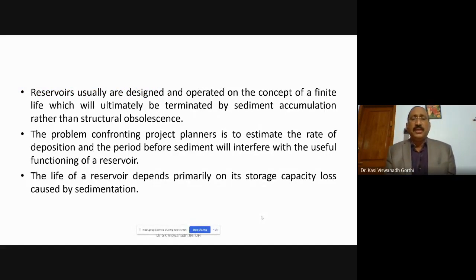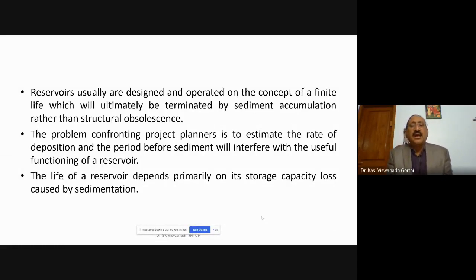So reservoirs are usually designed and operated on the concept of a finite life, which will ultimately be terminated by sediment accumulation rather than structural obsolescence. This is what I have been mentioning. The structure may be good and the dam is structurally safe, but still the reservoir becomes useless because of more and more sedimentation.